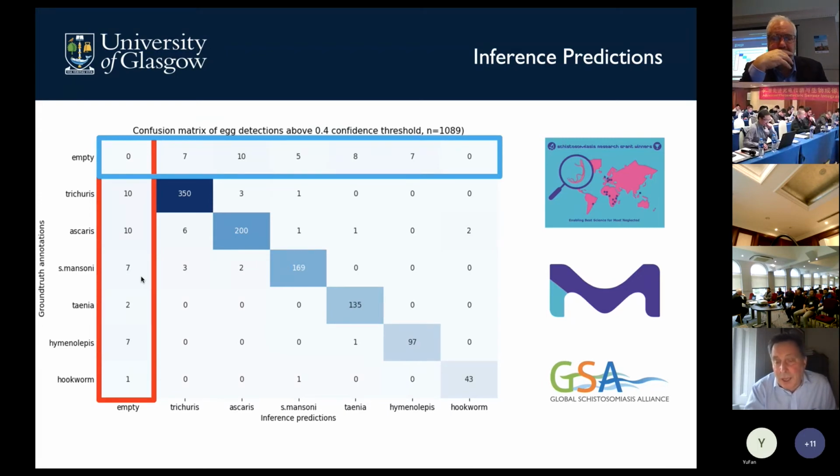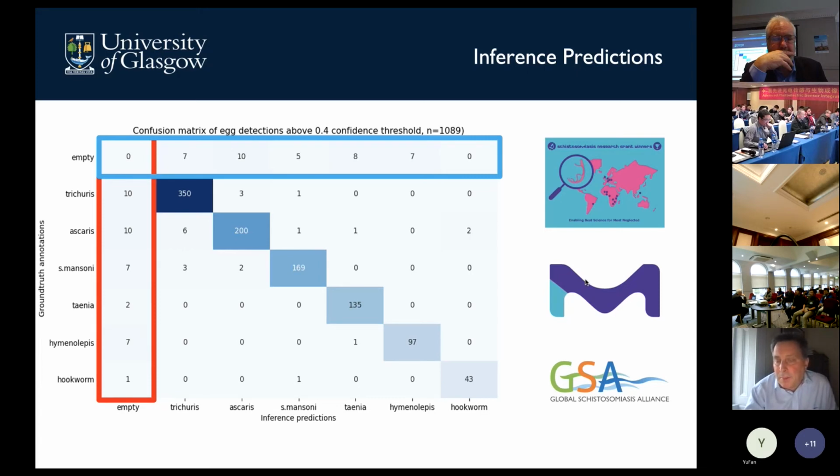Now, we've been very lucky actually to be able to most recently work with Merck, who are a drug company. And if you saw the picture earlier on where the school child is being treated, you will see that they were actually being treated by a drug that's made by Merck called praziquantel.